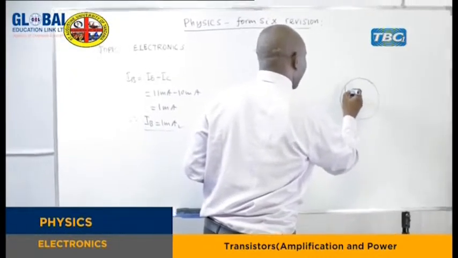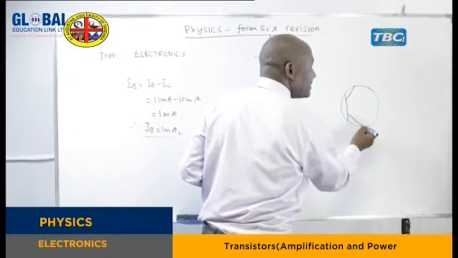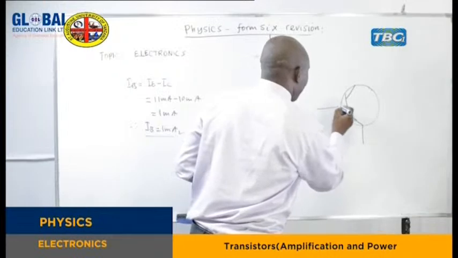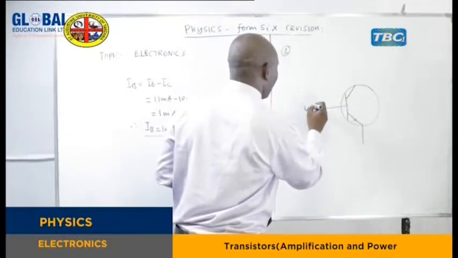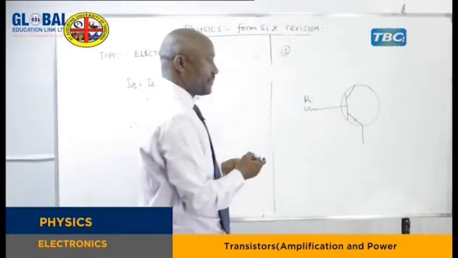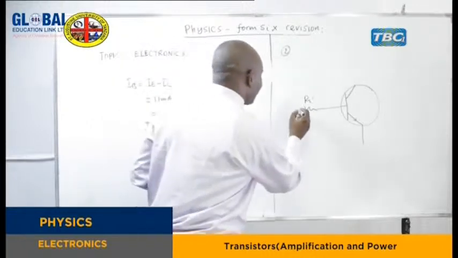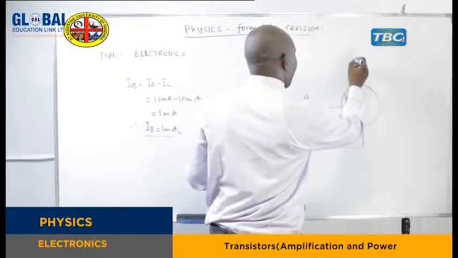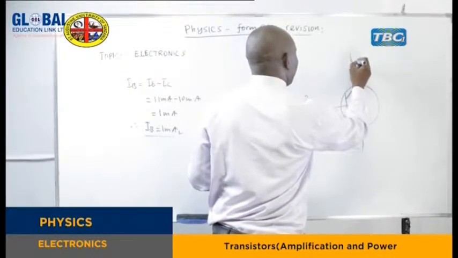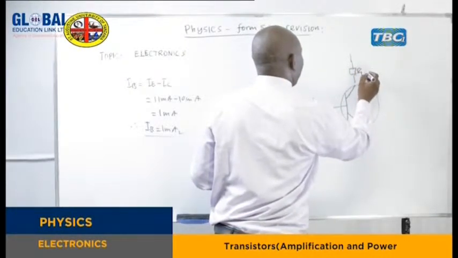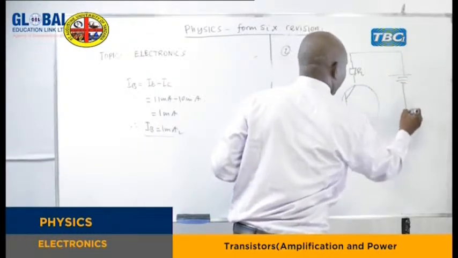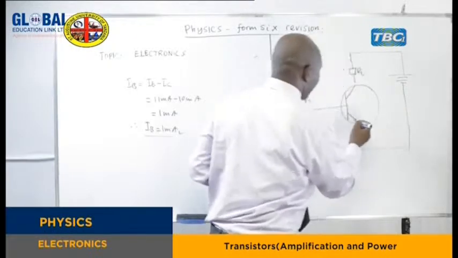This circuit here is in the common emitter, and it is operated in the common emitter. We can use maybe an NPN transistor, such that we have the input resistance given here, and the input voltage given here, and we have the collector resistance here, RL, and the supply voltage across that.